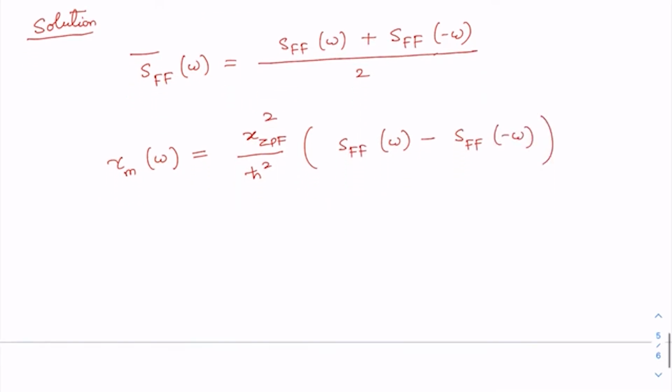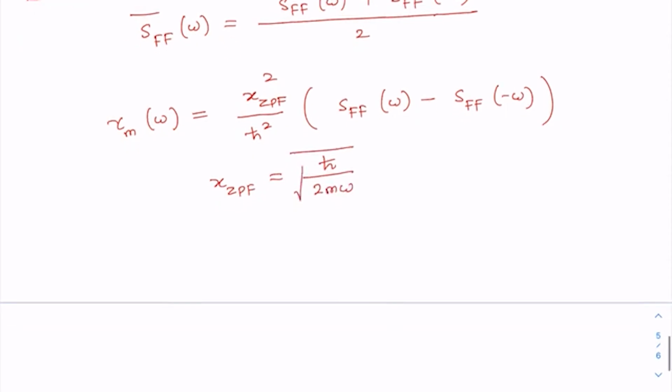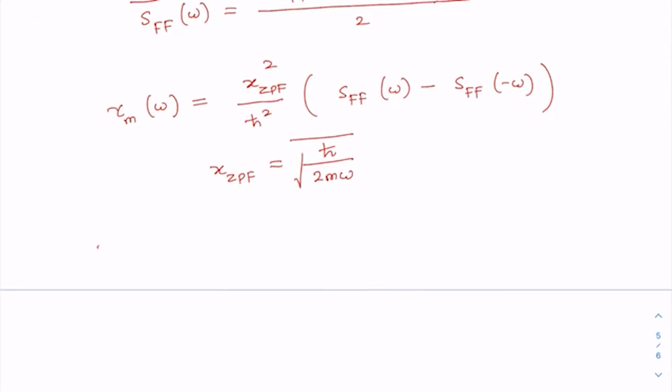Where this x zero point fluctuation for the harmonic oscillator is square root of h cross divided by 2 m omega, and therefore I can write gamma_m is equal to 1 by 2 m h cross omega into S_FF at omega minus S_FF evaluated at minus omega.